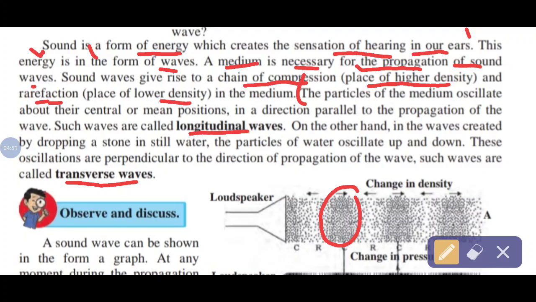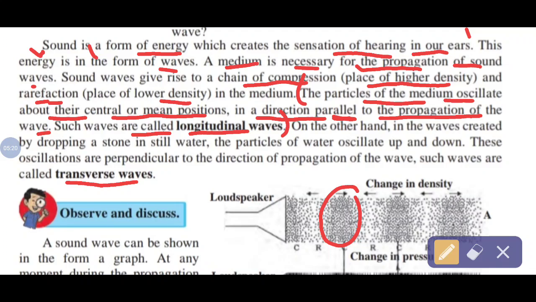The particles of the medium oscillate about their central or mean position in a direction parallel, remember this word, parallel, to the propagation of the wave are called longitudinal waves. All are getting? That bracket is showing here. That is the definition, the meaning of longitudinal wave.